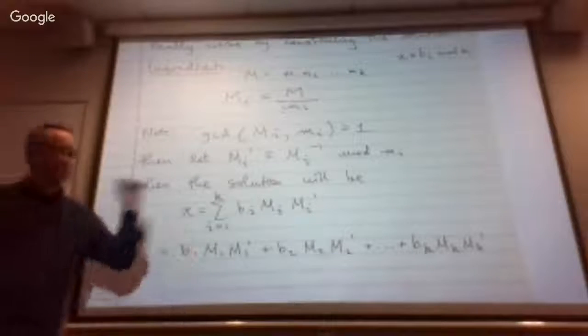In other words, if you expand that sum, it's x equal to B1, M1, M1 prime, plus B2, M2, M2 prime, etc., and the last one is Bk, Mk, Mk prime. So this is some number, just a load of integers multiplied together and added. So x is certainly an integer.